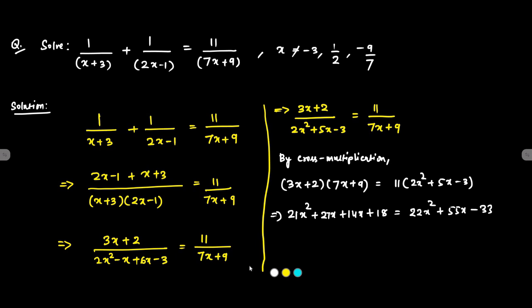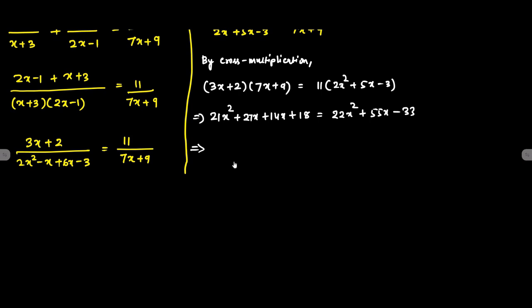Now we'll bring all of this to the right hand side. So we'll have 22x square minus 21x square plus 55x minus, see, 27x plus 14x is how much? 41x. So here it is plus 41x, going to that side it will become minus 41x.